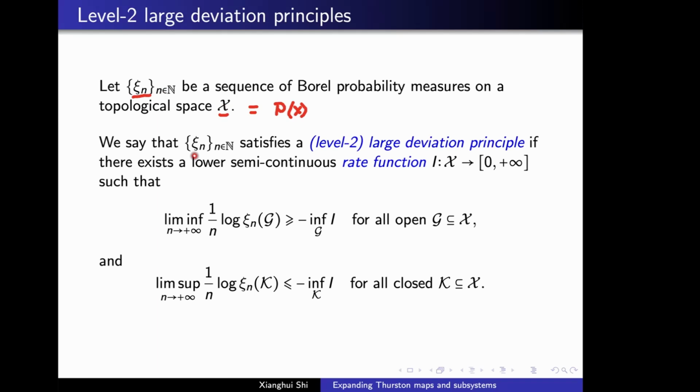We say that this sequence satisfies a level 2 LDP if there exists a lower semi-continuous rate function I such that the lower bound holds for all open subsets G, and the upper bound holds for all closed subsets K. We have to write them separately due to the weak-star topology of the measure space. For some very nice subsets, we can write them together to get an equality, which gives the rate of the convergence.